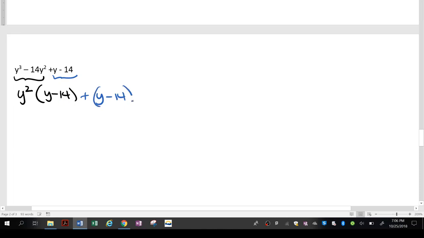Now, if we put brackets around that, we haven't changed the value of our expression, but that sets us up so that we have a y minus 14 term that is common to both of those terms. And again, we can factor that y minus 14 out. Now, if I divide this first term by y minus 14, we're left with y squared. And if we divide this term by y minus 14, we're left with plus 1.